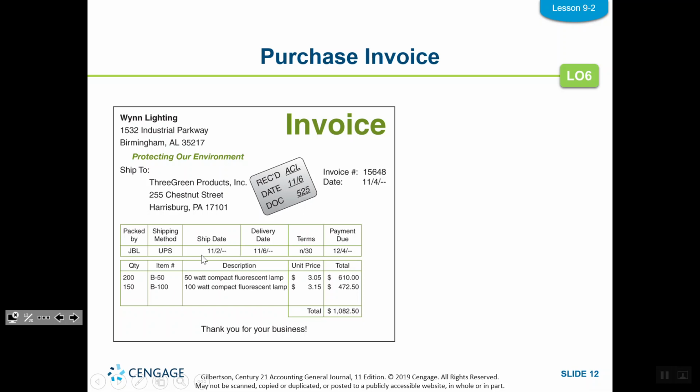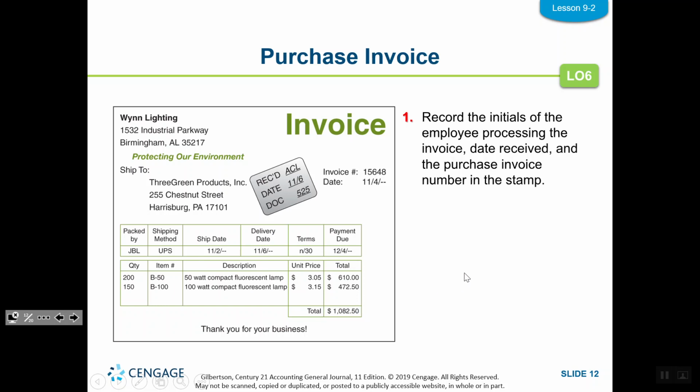Down here describes what we purchased and then the total. Then we record the initials of the employee processing the invoice. This person is going to look at the box and make sure everything that we ordered is in there. Then the date is on there, and then the purchase invoice number.